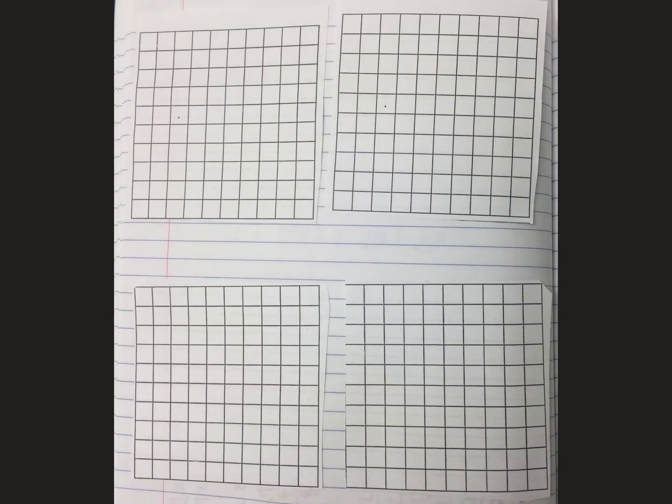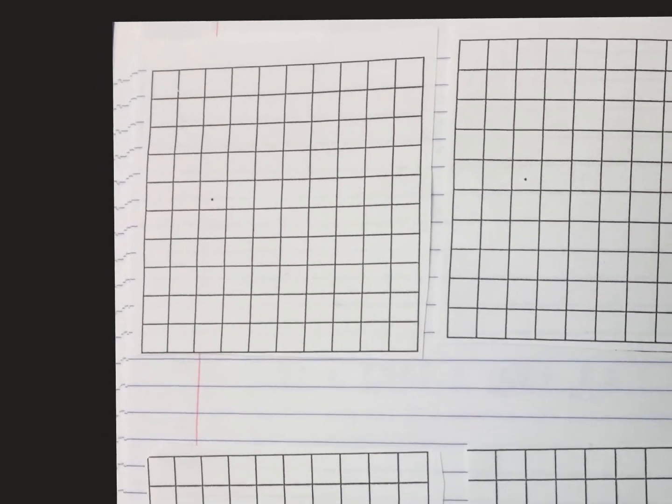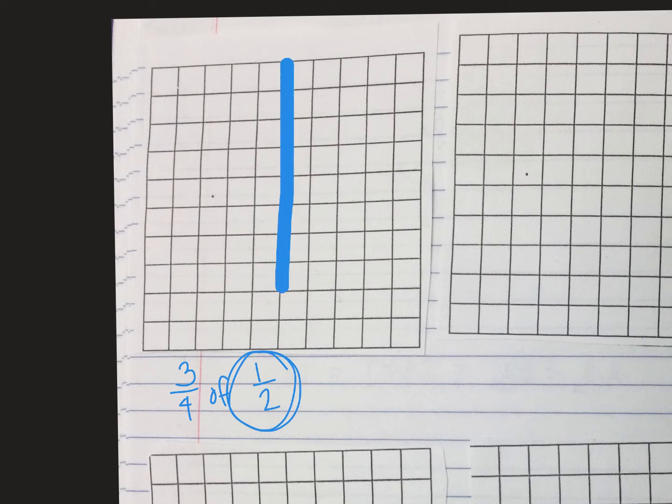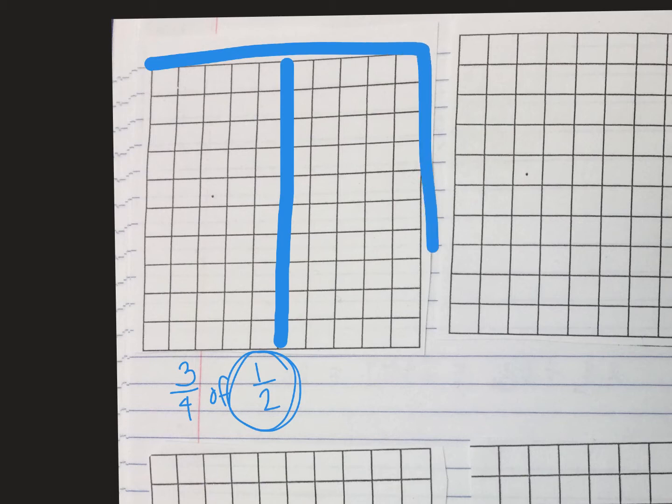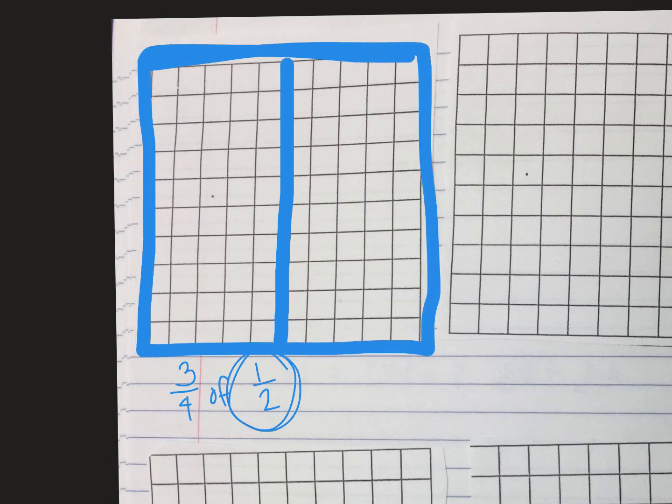Okay, so we're going to start by modeling some fractions. And the first one that we're going to model, and some of you may have already done this in class, is 3/4 of 1/2. 3/4 of 1/2. So the first thing I'm going to do is this 1/2 is going to be your half of the, so this is my whole piece here, and I'm looking at half of it, okay?